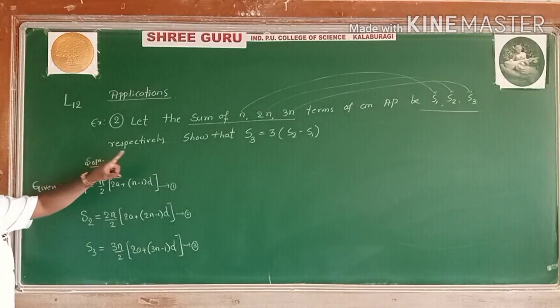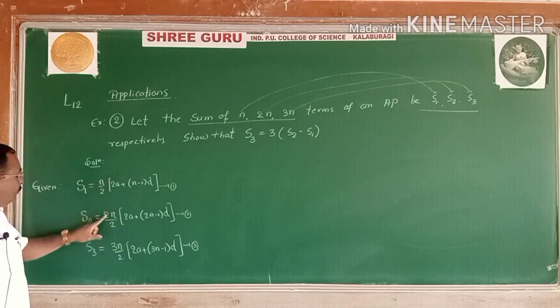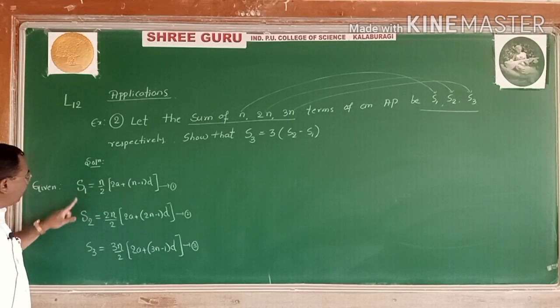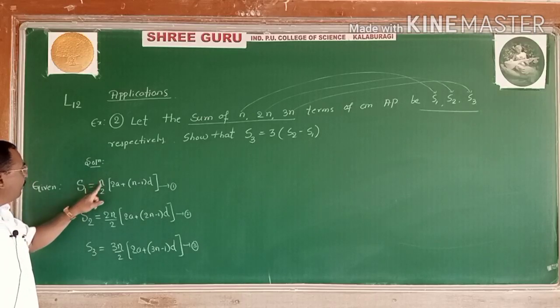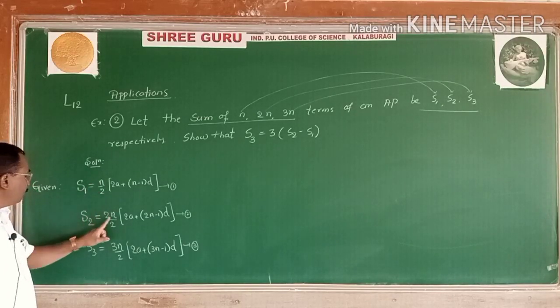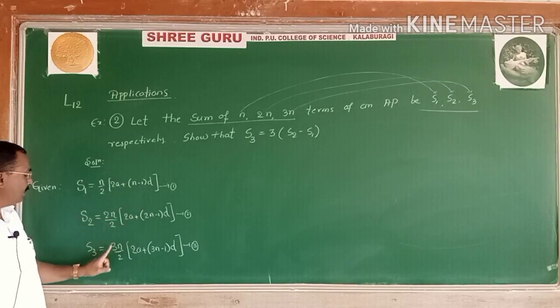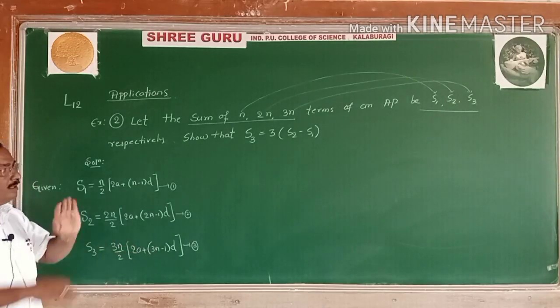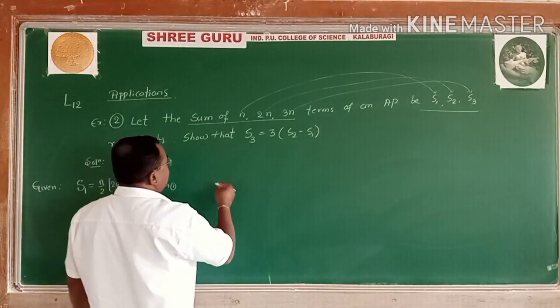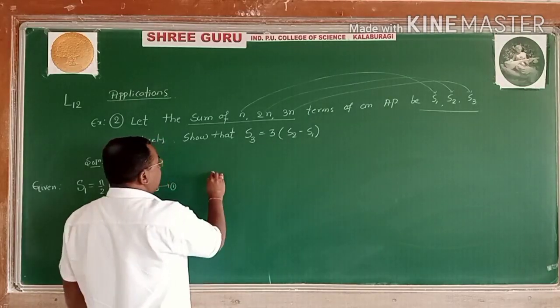Respectively, S1, S2, S3 correspond to n, 2n, 3n. Now find out, that is, the proof. Take the RHS side.